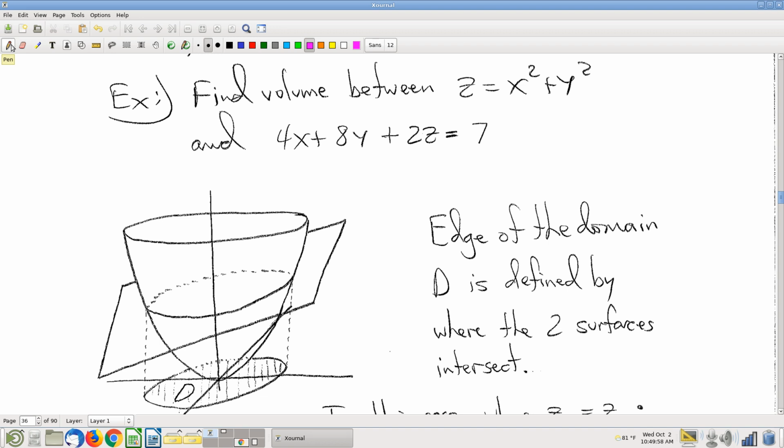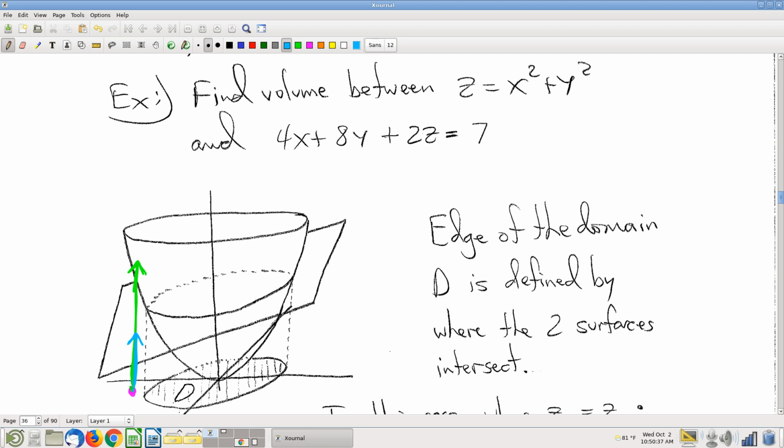So I'm looking for certain points in the xy plane. I'd like to know x comma y's that do a certain thing. And what is it that I want to know? Well, I observe that for any given x comma y, there is a corresponding distance up to the parabola, and then there is also a corresponding distance up to the plane.